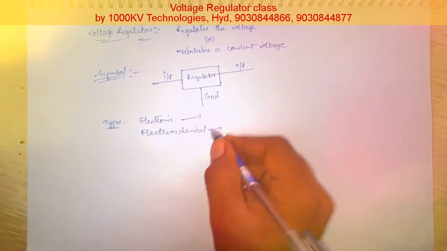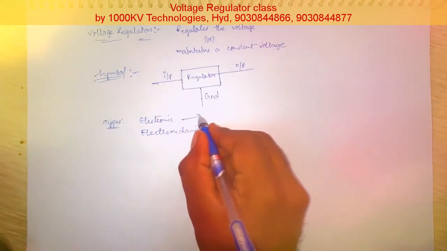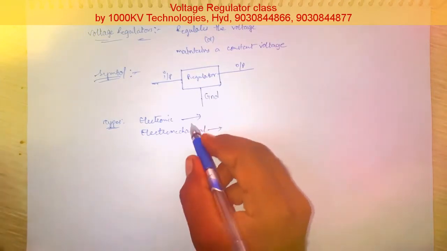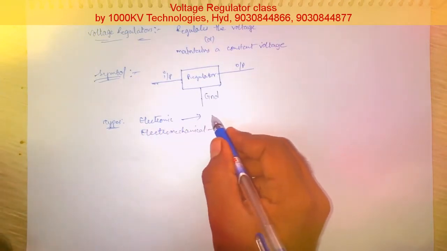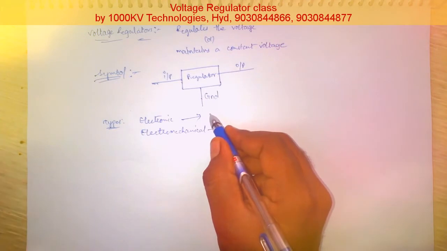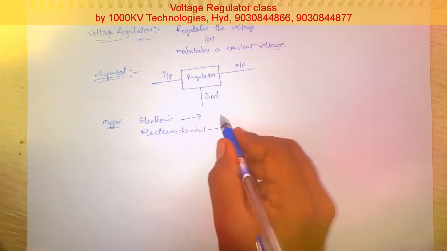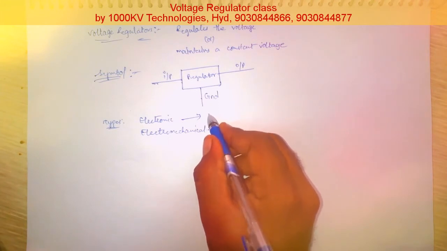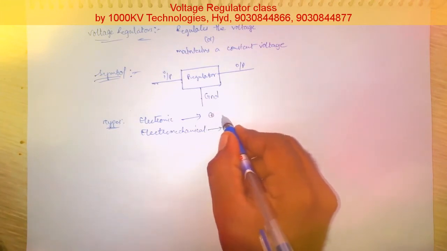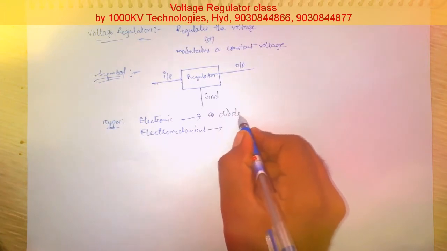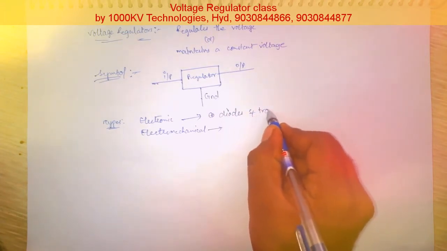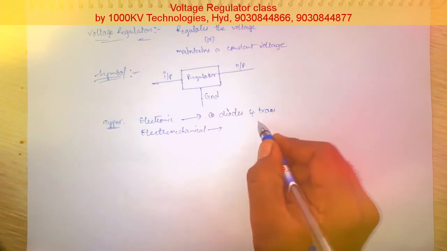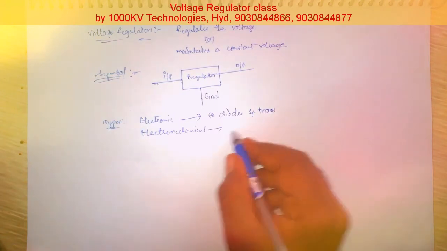In electronic type regulators, internally they are manufactured with diodes and transistors, so they are called electronic voltage regulators.